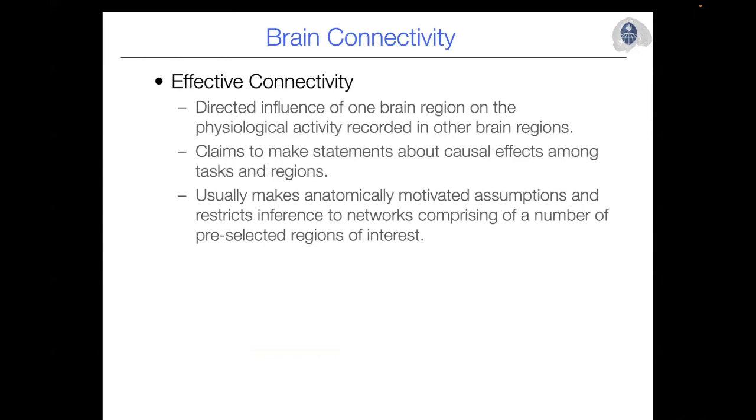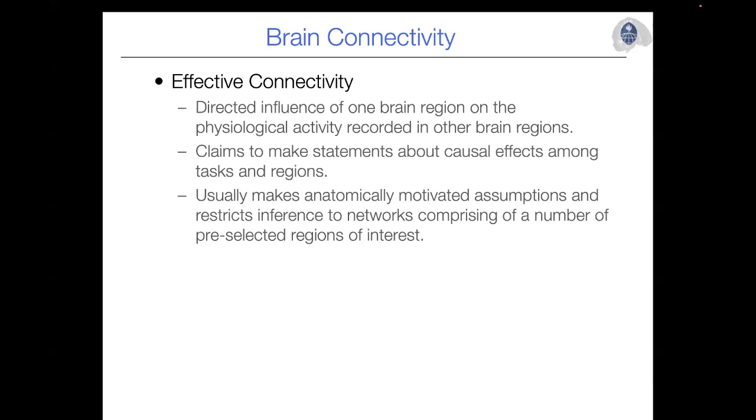Now, effective connectivity is a much more ambitious thing. Here you're trying to make directed influences of one brain region on another brain region. Usually these are anatomically motivated assumptions, and they restrict inference to networks comprising a number of pre-selected regions of interest.